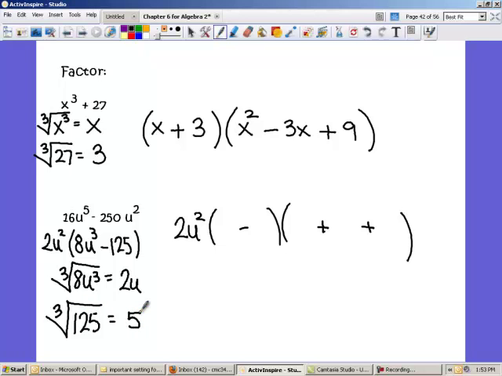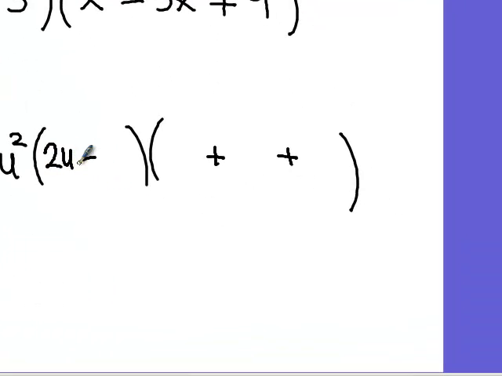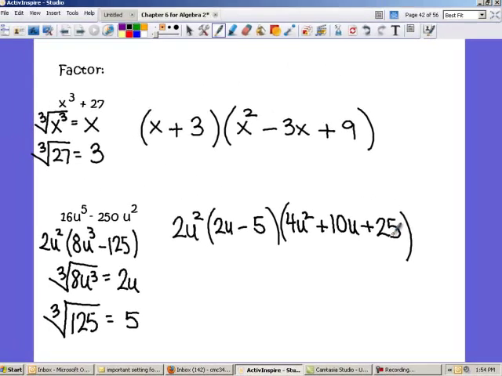So now our A goes here, and our B goes here. Then we have to take A and square it. Remember, you square the entire thing over here, so it'd be 4u squared. Now we multiply A and B together, so 10u. And last, we have to take 5 and square it, which would be 25. And now we're done.